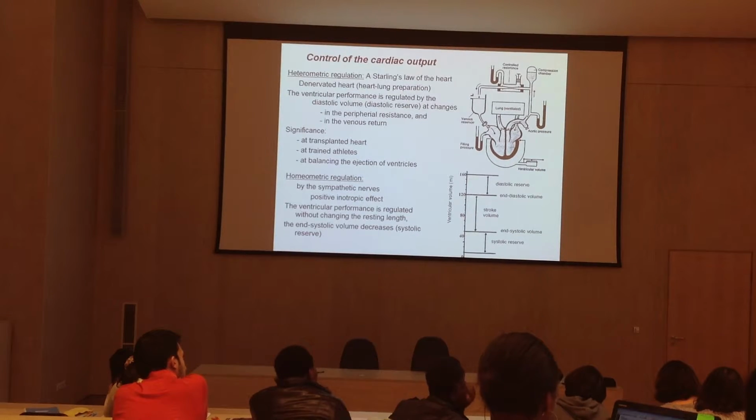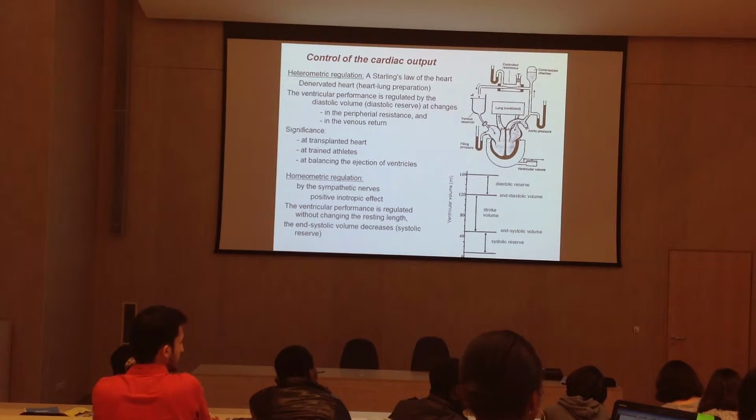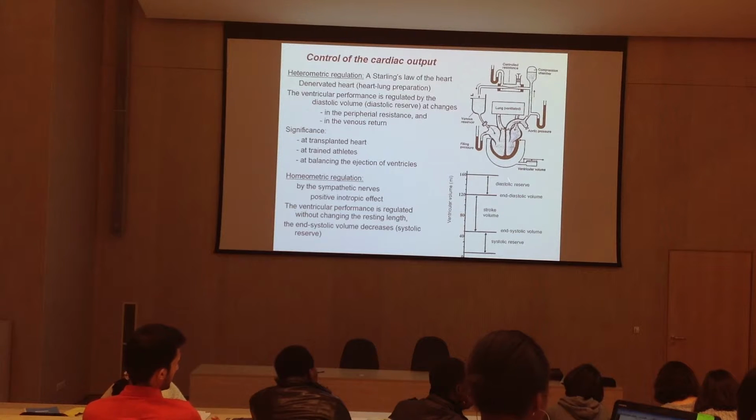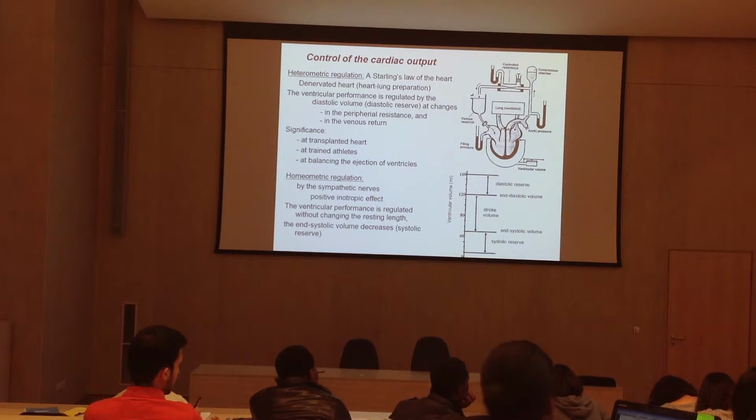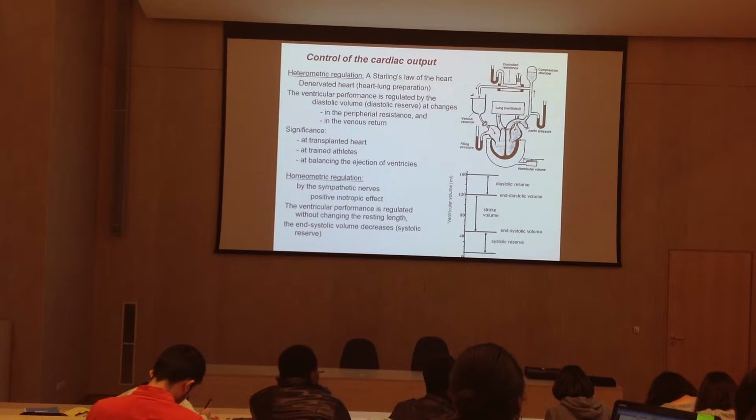Therefore, we can say that the sympathetic system can increase the stroke volume because there is some extra blood in the ventricle which is not ejected in a normal cycle, just if the contractile force is larger. Therefore, this reserve is called systolic reserve because it can be utilized by the increased systole. This diastolic reserve can be utilized if the filling is larger and more blood flows to the ventricle.